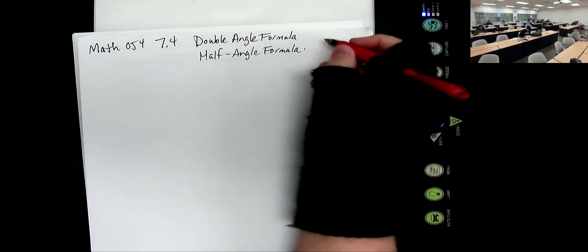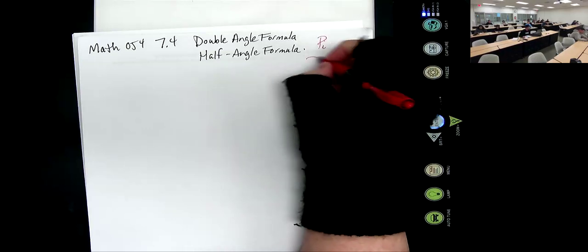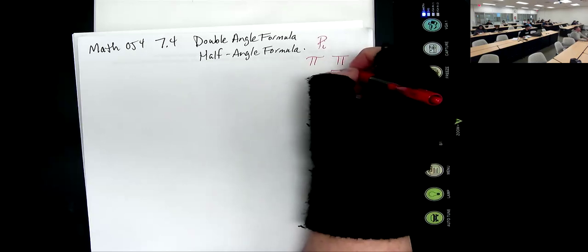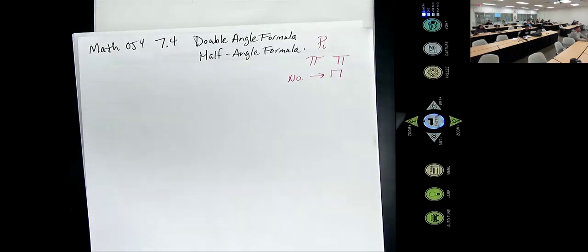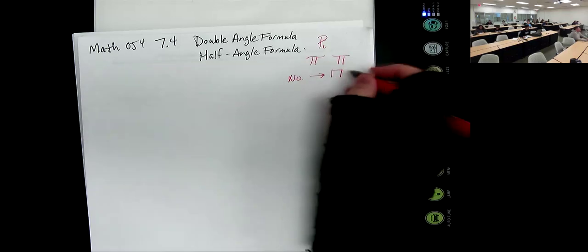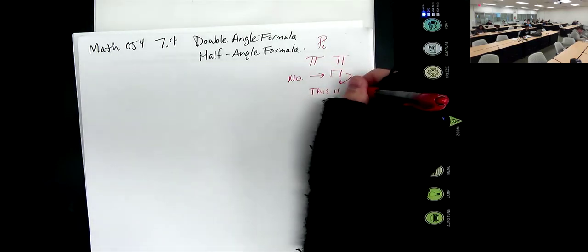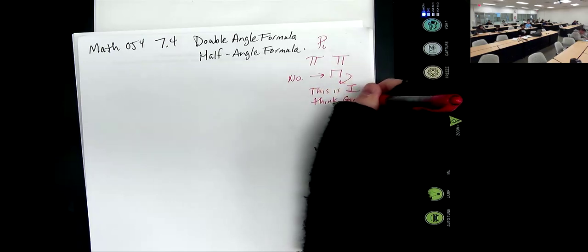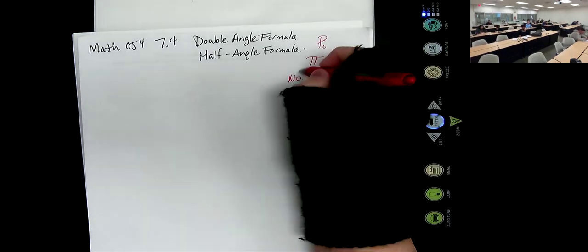Before I get into that, if you're gonna write pi, you can do it with a curl, you can do it where it's flat. Don't do that. No. That actually is a symbol in mathematics, it means gamma. I think gamma. But it's got a notation in mathematics. Stick with doing pi's like this.